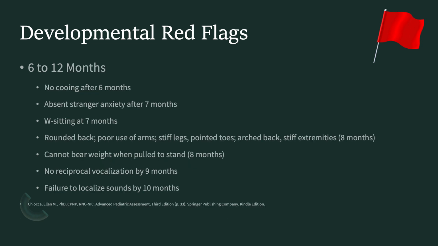We can see similar examples here for the 6 to 12-month-old age range. For example, a patient who cannot bear weight when pulled to stand. Again, we're worried because typically by that point, you should be able to do that.